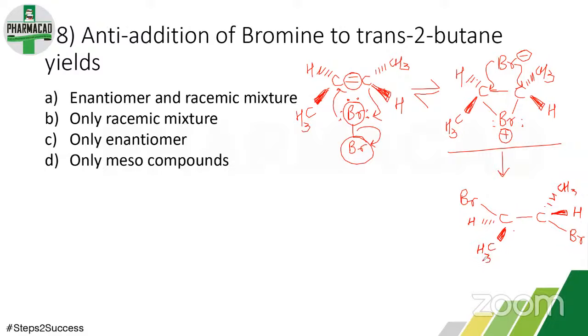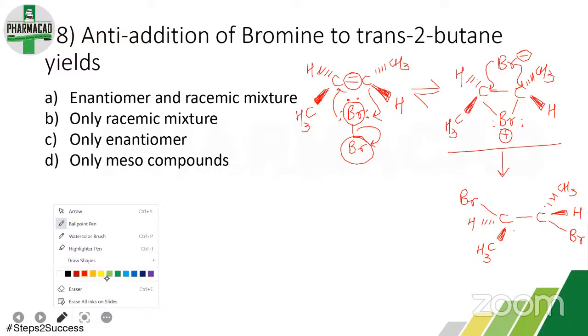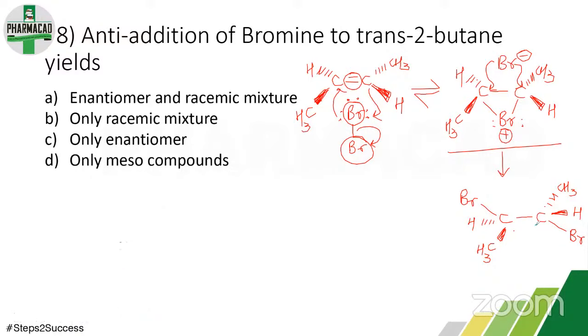Now we will see the RS configuration. When you find the RS configuration of this, let's see, if we are talking about this carbon atom, priority goes to bromine.